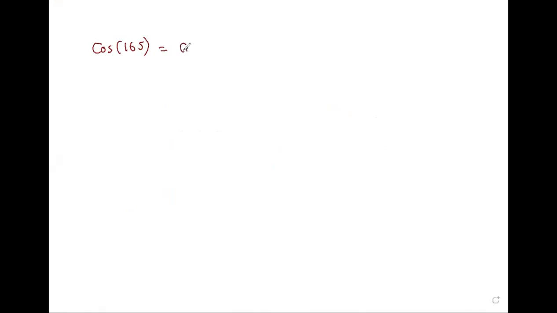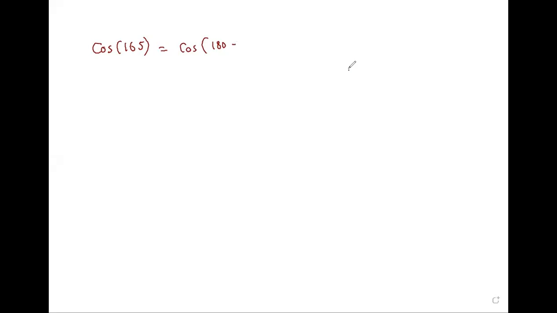Okay, I can't figure them out. So let's go the same way. Maybe we divide it by 2, or multiply by 2. Let's see, 165 multiplied by 2.